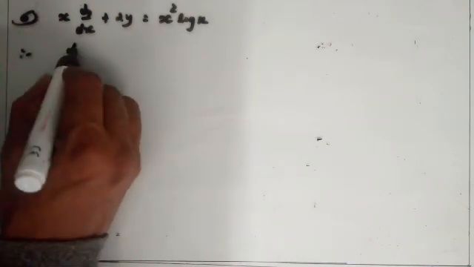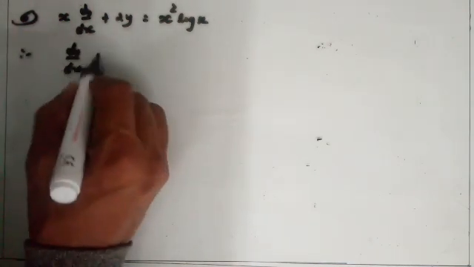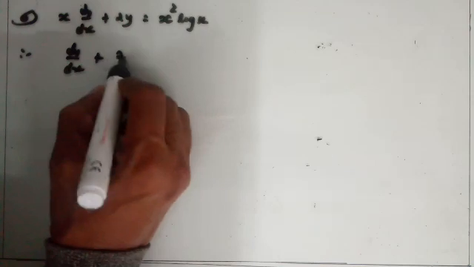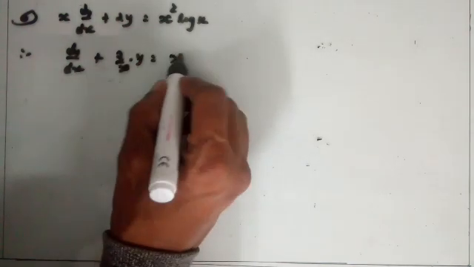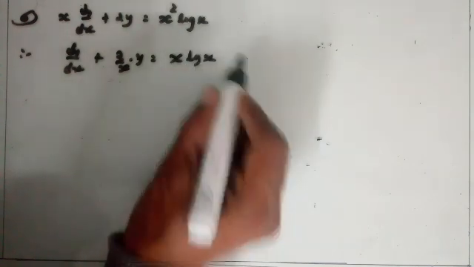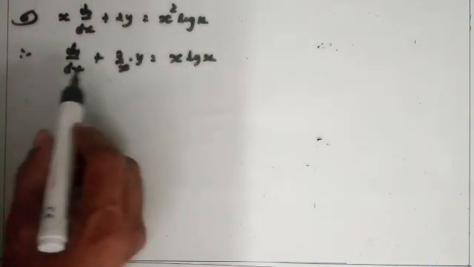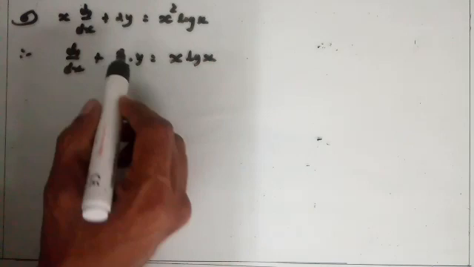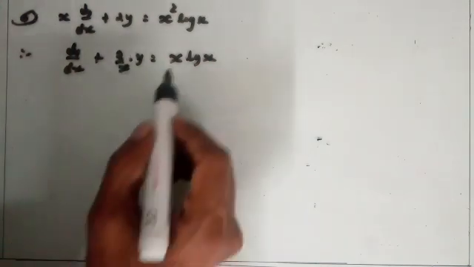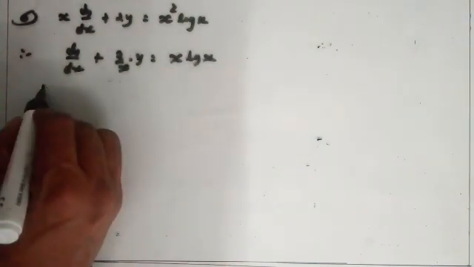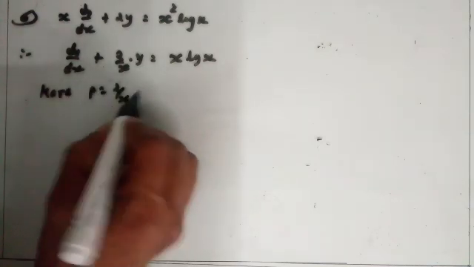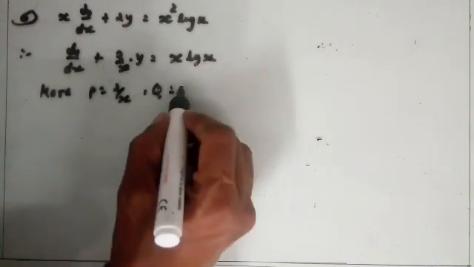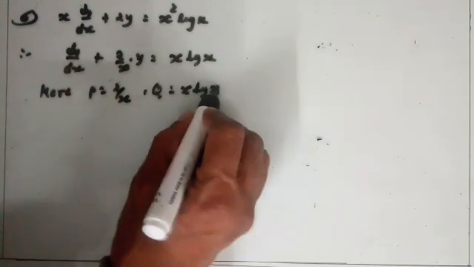Here we get dy dx plus 2 upon x into y is equal to x square upon x, that is x log x. This is a linear differential equation. Here p is equal to 2 upon x and q is equal to x log x.